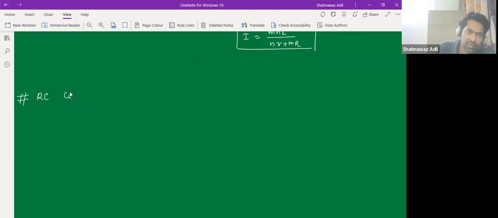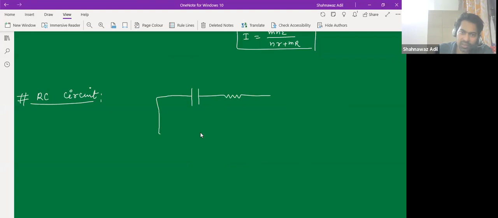RC circuit. What is an RC circuit? We have this capacitor and this resistor connected in series with this cell whose EMF is E. The capacitor has a capacitance C and the resistor has a resistance R. We know that this voltage will be divided between the two.